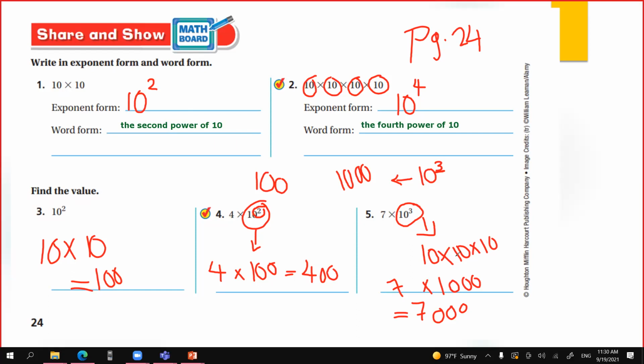Then, so here now, 10 times 10 times 10, which means 1,000. You multiply it by 7, you will get 7,000. I cannot hear you. What did you say? Ah, you are waiting. Okay.